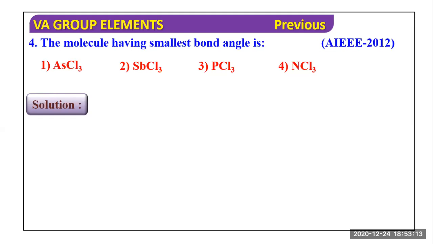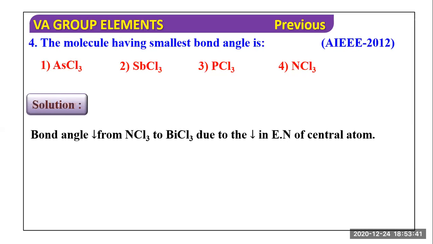Actually, the size of the center atom increases down the group, and bond angle decreases. So the bond angle is smallest for antimony.